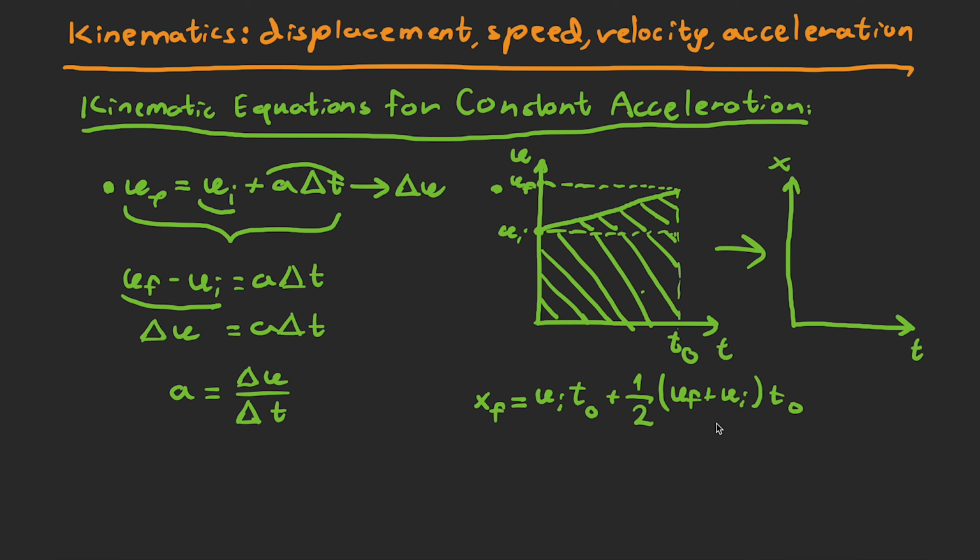We just calculated the area of this triangle here. This equals our initial position. And if we derive this, we can just say the change in our position, or displacement, is just equal to this area here. So 1/2 final velocity plus initial velocity times whatever the change in time is.